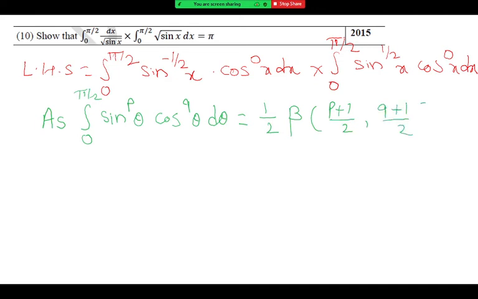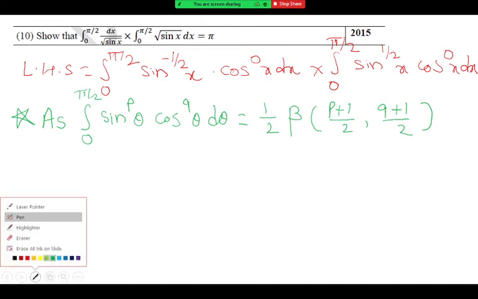Good, so this is the formula. Remember, this is the most important formula, which can be used provided p or q is a fraction. If it is a fraction, then it is better to do it by beta. Otherwise, the Wallis formula is simpler and gives you the answer in one step. So we'll move ahead with this formula and continue.